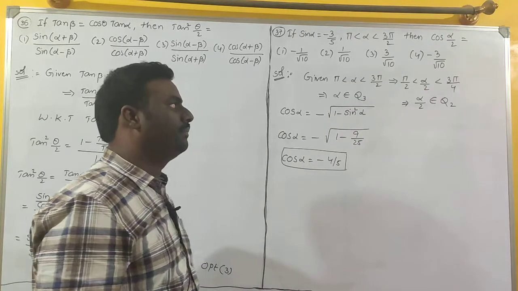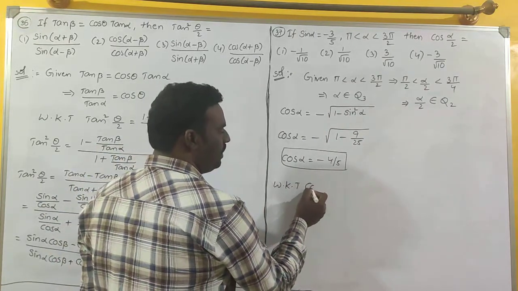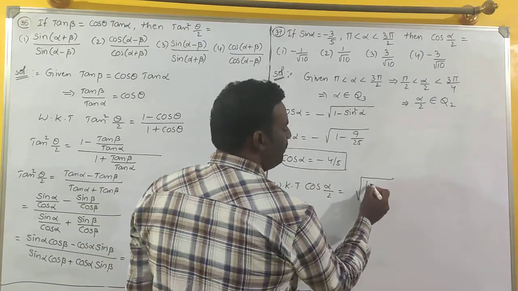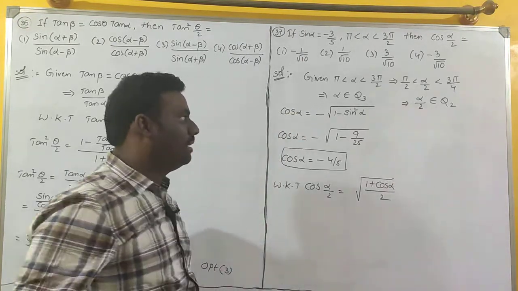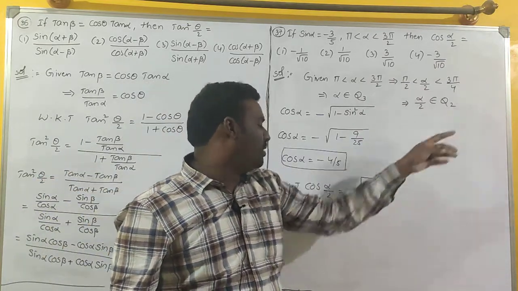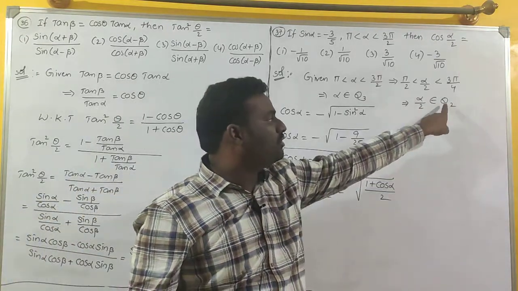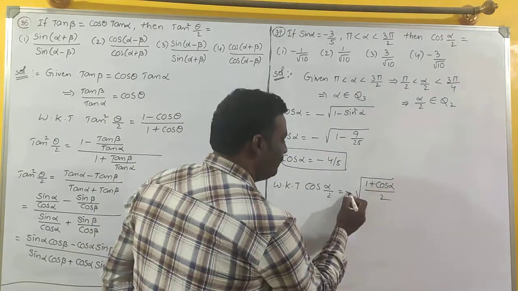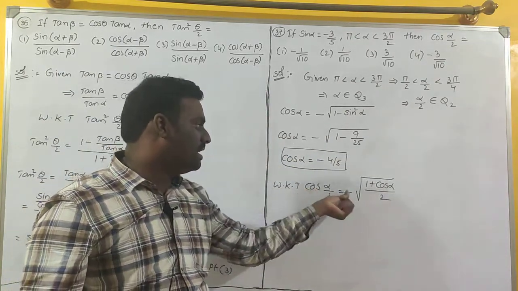Now, we know that cos alpha by 2 is equal to the formula under root of 1 plus cos alpha by 2. This is a formula, but here the symbol is important. Alpha by 2 is in which quadrant? Here don't take alpha, because the LHS is alpha by 2. Alpha by 2 belongs to the second quadrant, and in the second quadrant cos is negative.